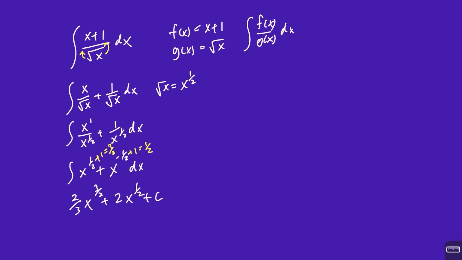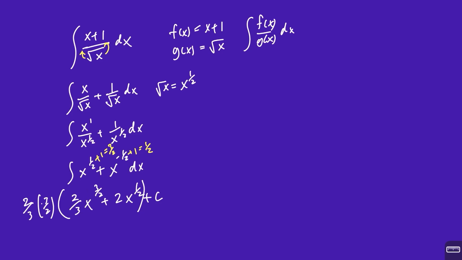plus c. And at this point, we're essentially done, but we can clean it up a little by factoring out the 2/3. We'll do it this way: 2/3 times 3/2 is equal to 1, so I'm not changing the value of this expression.